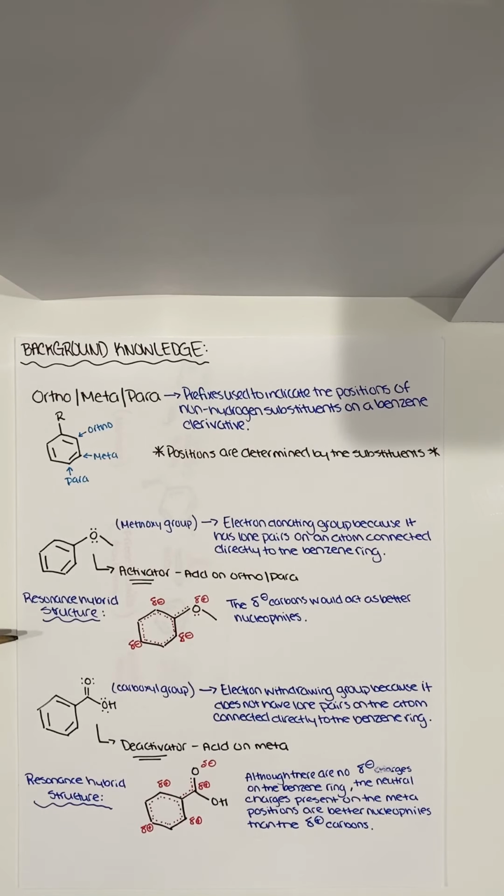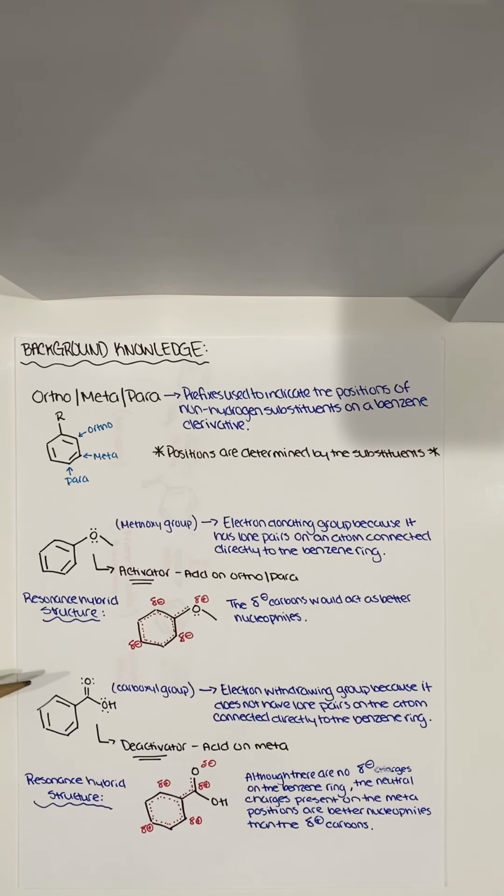This is because when drawing the secondary resonance structures, you can see from this resonance hybrid structure that there are partial negative positions present on the ortho and on the para, and those partial negatives on the carbons would act as better nucleophiles than the neutral charges present on these two carbons in the meta. That is why it adds on ortho and para.